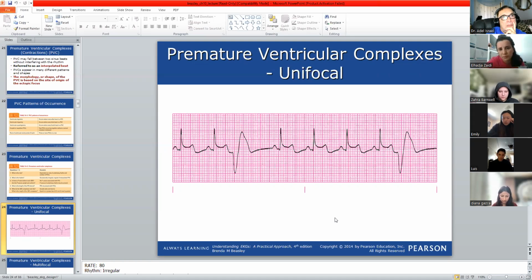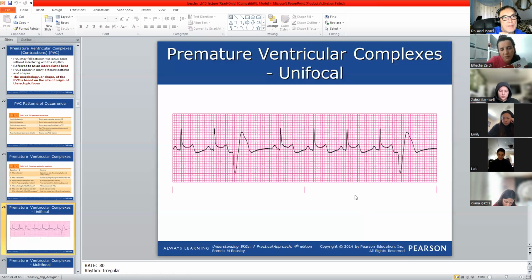The two P waves are present. What is the second step to be answered? The rhythm. So what do you think? Irregular. Yeah, very good.